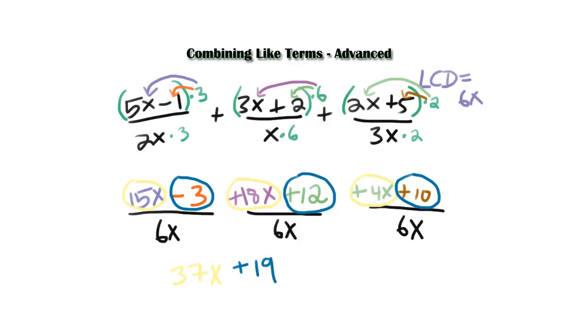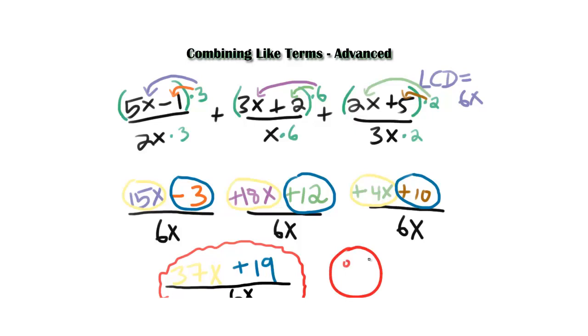And everything is over 6x, so we can just draw a line and put 6x here, right? And is there anything else that we can do? No, because the 37x, you can't add 19 to that, right? And everything's over 6x, so that's good. So we'll just bubble that in, and we're done. And we're extremely happy with this one, right?